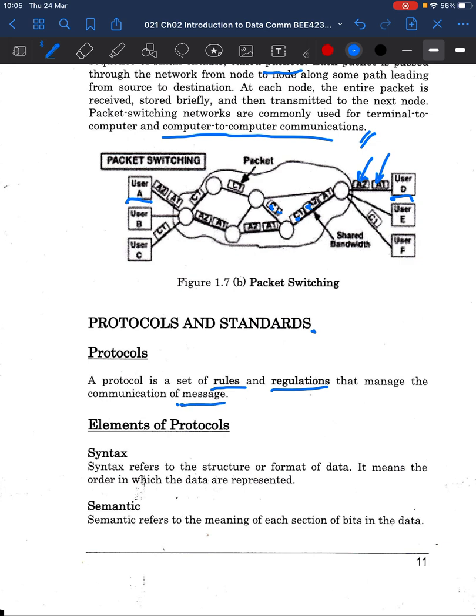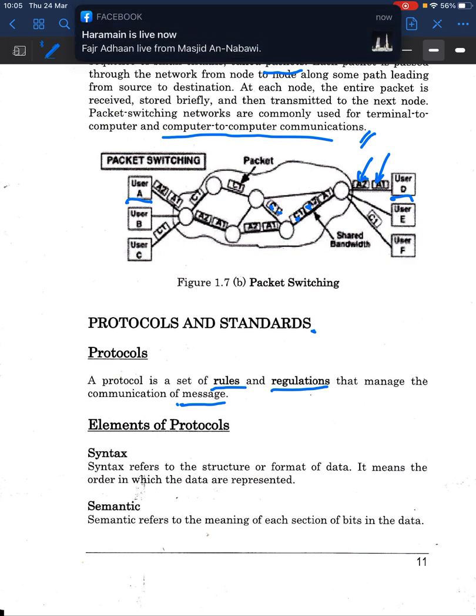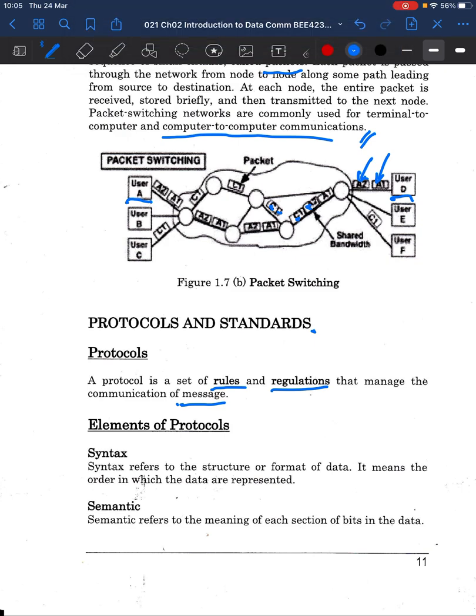Rules and regulations are called protocol. There are certain elements in protocols. First is syntax. Syntax refers to the structure or format of data. It means the order in which the data are represented.